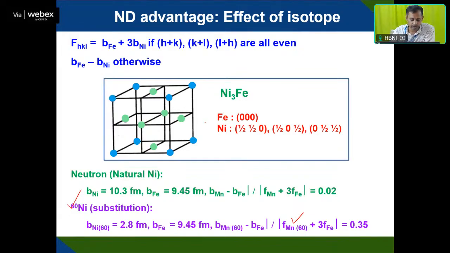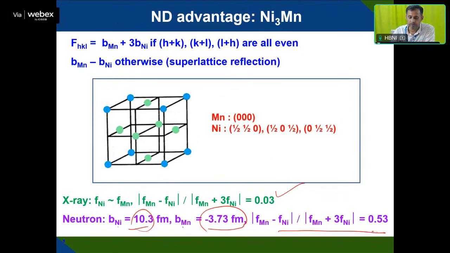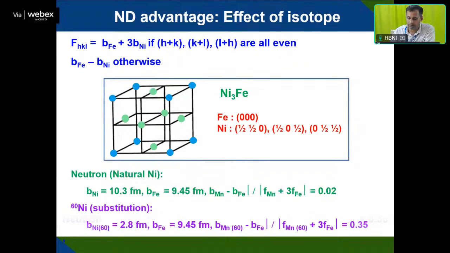You can see there are different substitutions of nickel, and because of the difference you can see 0.35 for neutron in pure nickel, so there is a difference of 0.35. Because of that you are able to get the isotopic effect, as with Ni3Mn here. For Ni3Fe too, the isotopic effect can be identified using the neutron diffraction pattern.